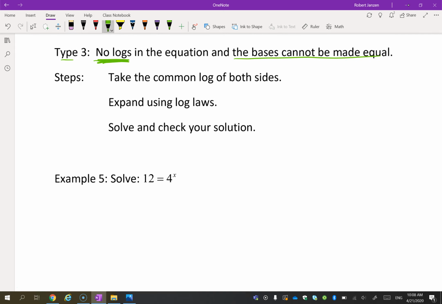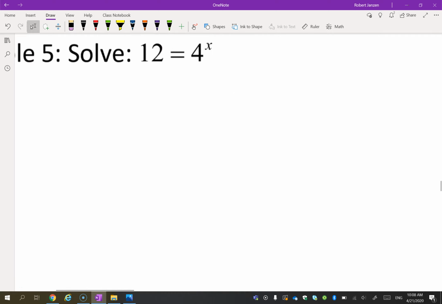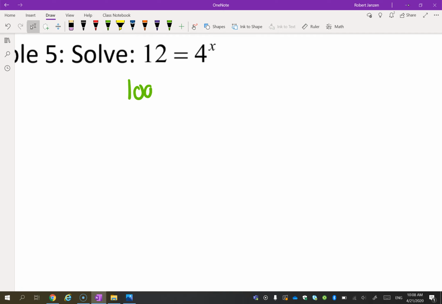There's no logs, but you can't make the bases the same. So you're going to take the common log. Common log is base 10. Expand and solve. Let's do that to both of these. We're going to take log of 12 and log of 4 to the power x. Now we're going to use your log laws, because the idea here is we want to get x by itself.